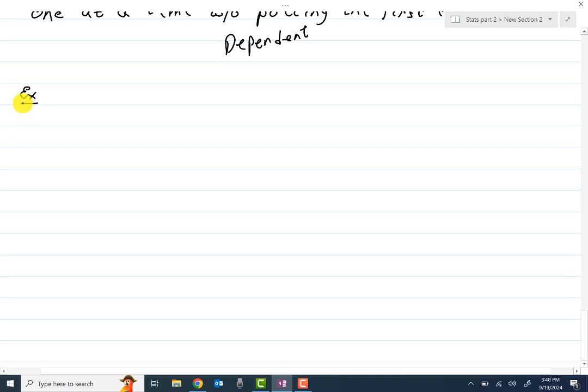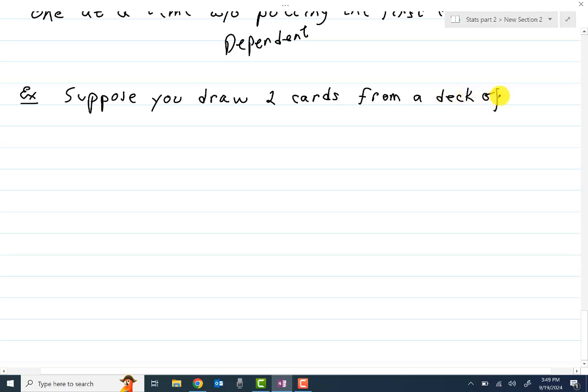All right, suppose you draw 2 cards from a standard deck of 52. Now, we'd like to calculate the probability of 2 hearts. That means I would want a heart on the first card and a heart on the second card.